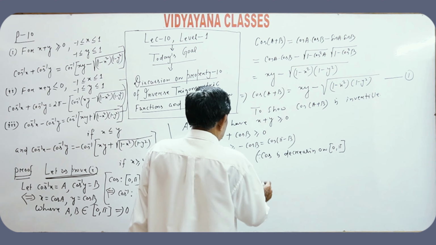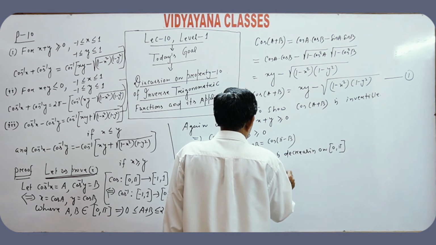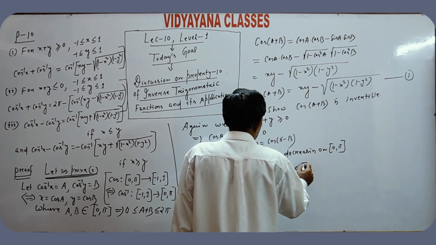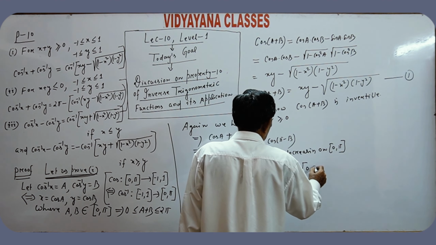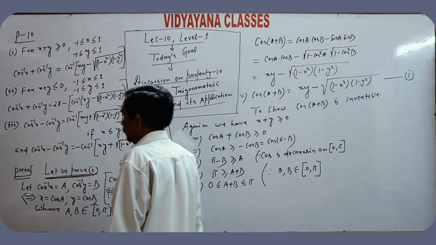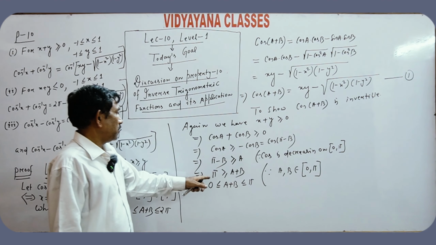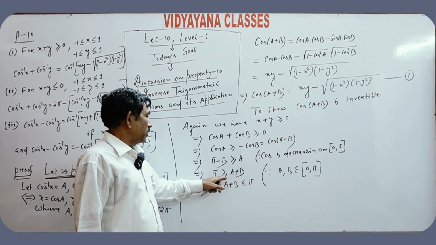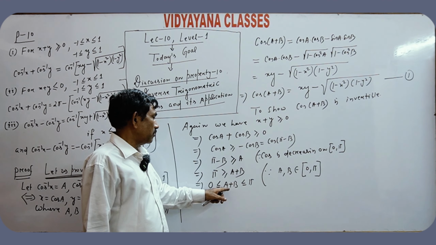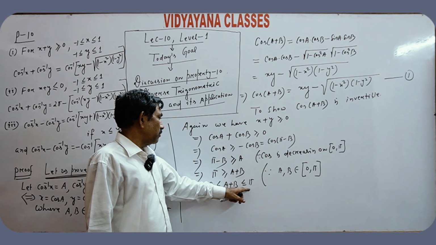Since a and b belong to the closed interval 0 to pi, pi greater than or equal to a plus b.